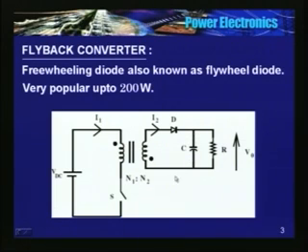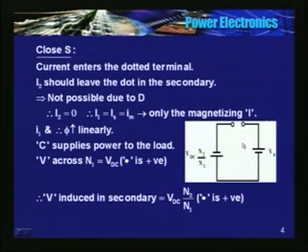So the equivalent circuit when the diode is off is something like this: V0, the positive of the output voltage source is connected to the cathode, and this is the voltage induced in the secondary of the transformer. So the voltage appearing across the diode is the sum of these two.